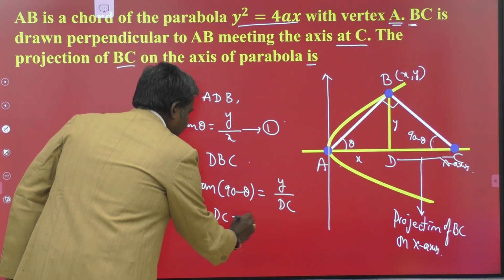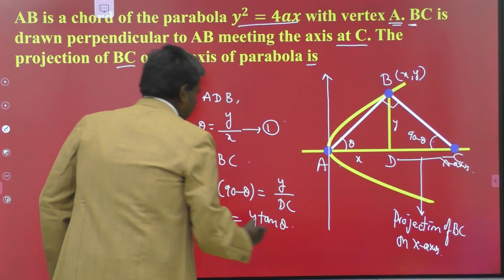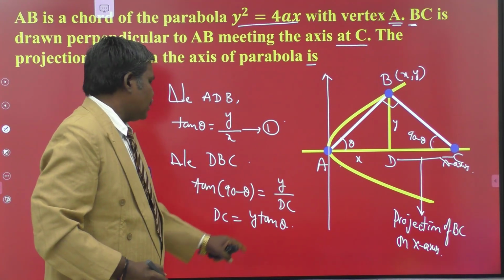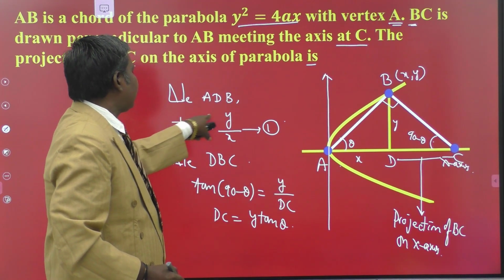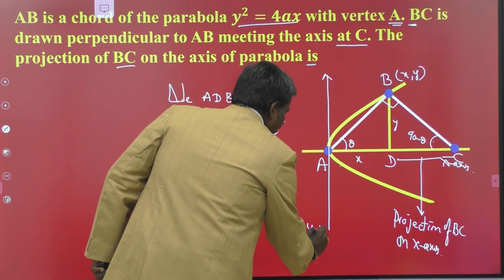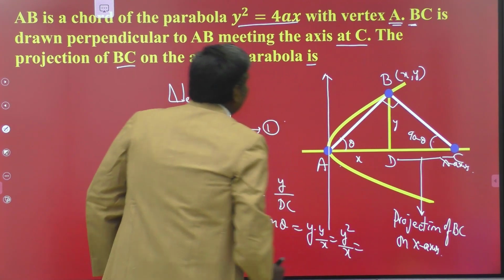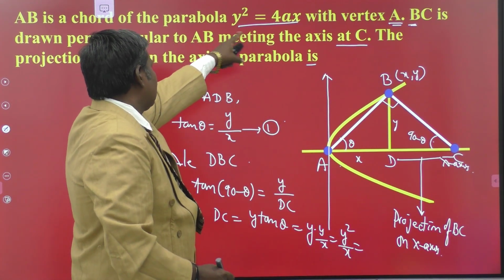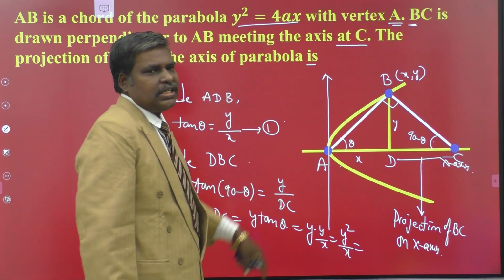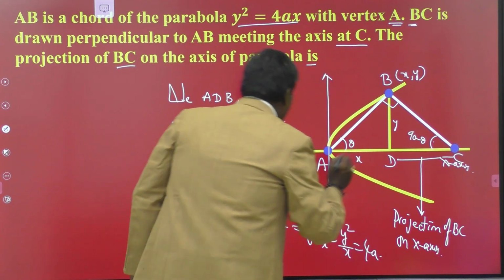What about my DC length? DC is y tan theta, because tan 90 minus theta is cot theta, and coming to the right side, that becomes tan theta. Y into tan theta, and already you know the tan theta value, y by x. So y into y by x is nothing but y square by x. For any point x comma y on y square equal to 4ax, y square by x is 4a.